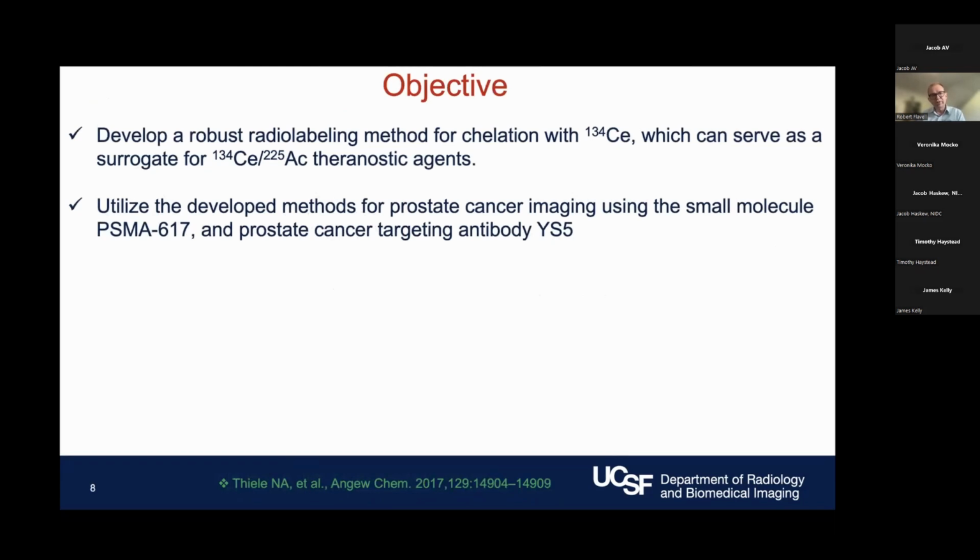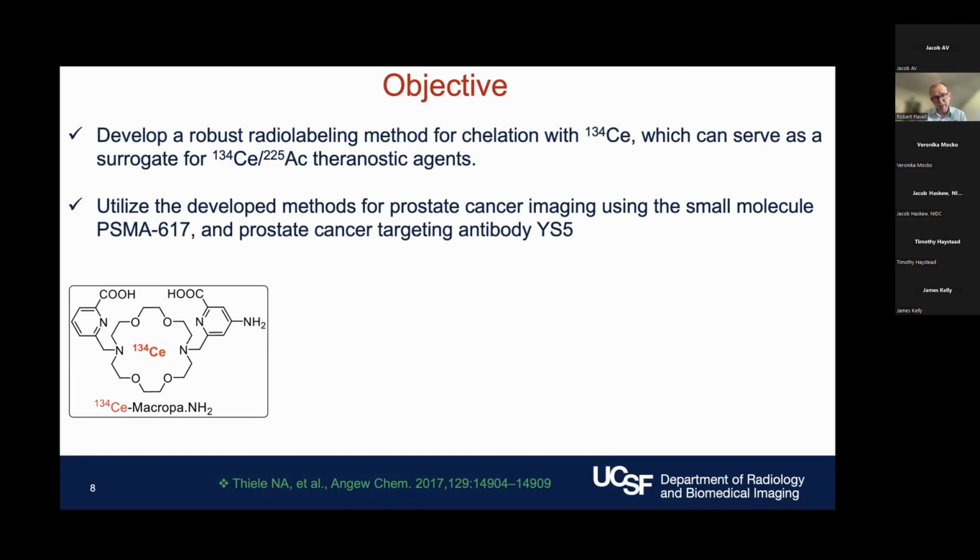So our objective was to develop a robust labeling method for the chelation with cerium-134, which could act as a surrogate for actinium-225-based theranostic agents, and to use these developed methods for prostate cancer imaging using the small molecule PSMA-617 and the prostate cancer targeting antibody YS5.